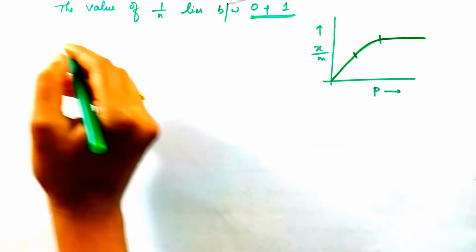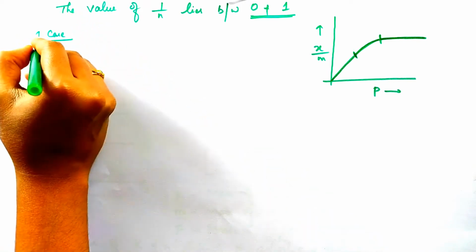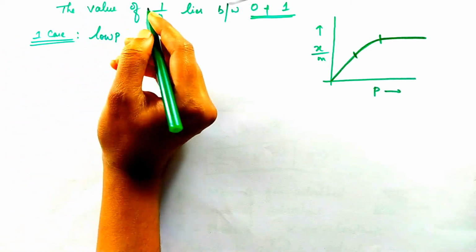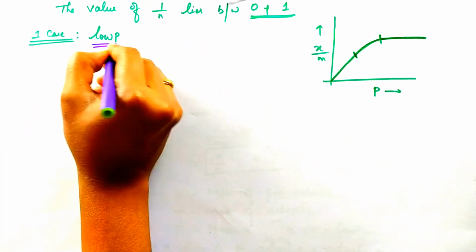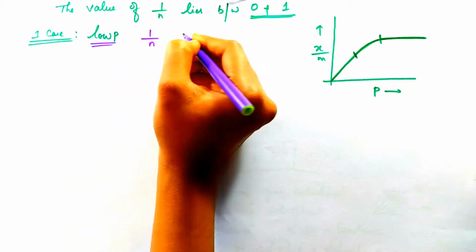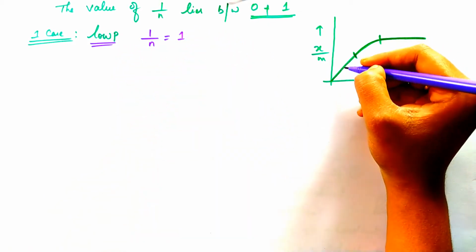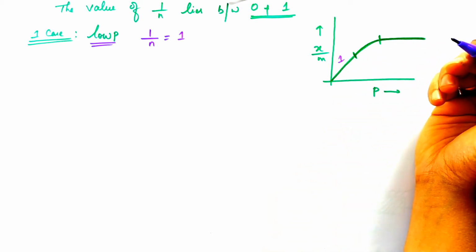In the first case, at low pressure, the value of 1/n becomes 1.